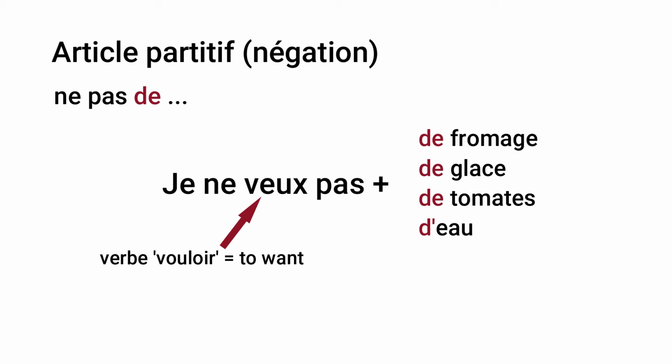It's not de la glace. It's je ne veux pas de glace. I do not want any ice cream. We have je ne veux pas de tomate. Although you see here that tomate is pluriel, we don't say je ne veux pas de les tomates or des tomates. You say je ne veux pas de tomates. And the final one is je ne veux pas d'eau.